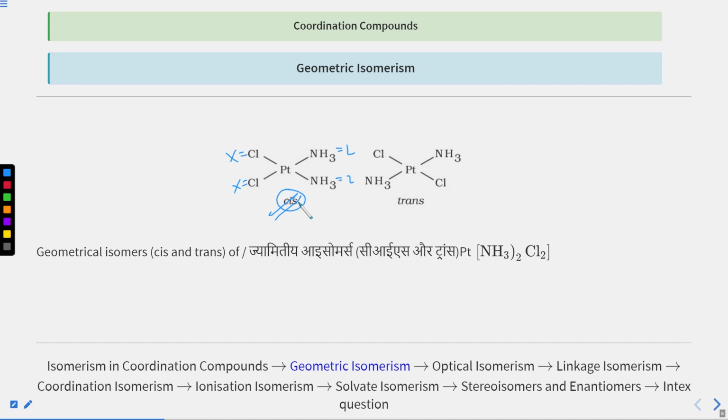I would say it is used in cancer treatment, right? Whereas the trans one has no use. Okay. So the importance of this structure, the geometrical isomerism or the spatial isomerism, is very great. Just by changing the structure, you would change the behavior of this compound in our body. So by this fact, you can understand how important the spatial arrangement is.